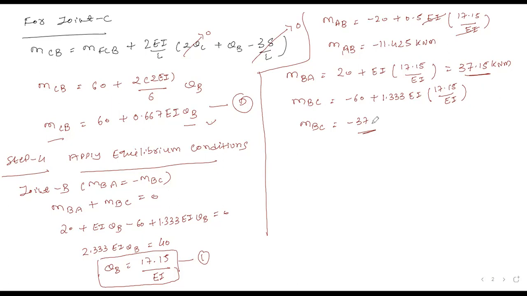Okay, so just near 15. Similarly, MCD should be equal to plus 60 plus 0.667 multiplied by EI theta B.